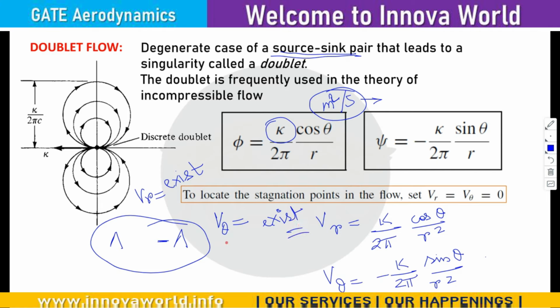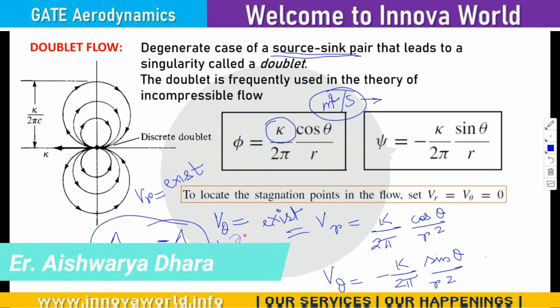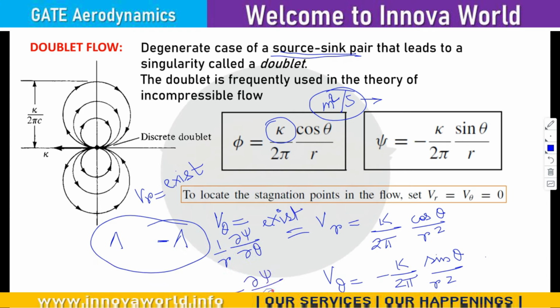So what is VR? VR means 1 by r dou psi by dou theta, and V theta means minus dou psi by dou r. You know the psi value, so when you partially differentiate with respect to theta, you will get this expression. Here both the radial and tangential flow exist, and if they ask you to find the stagnation point, you have to equate this value to 0.